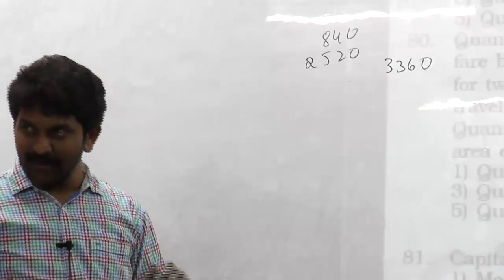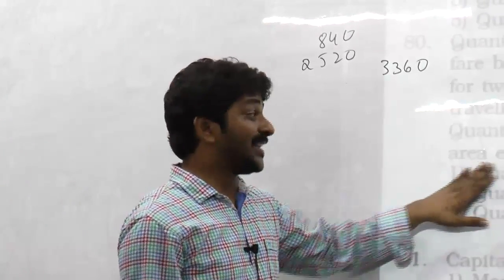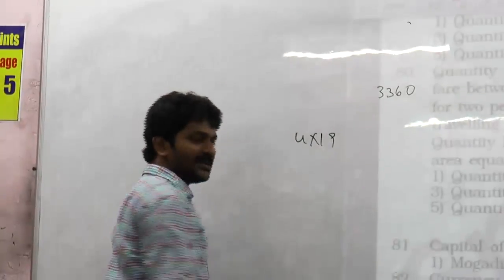Right? This is about fencing, perimeter only. Of the square plot whose area is equal to 361, this is 19 square. Side is 19. Perimeter is 4a. 4 into 19. Yes or no?